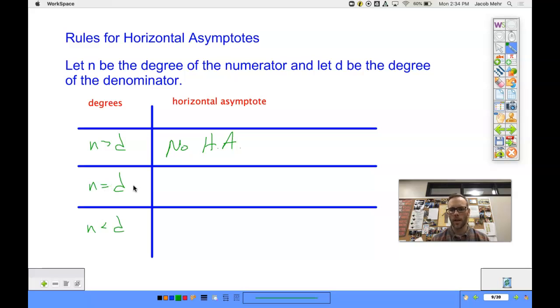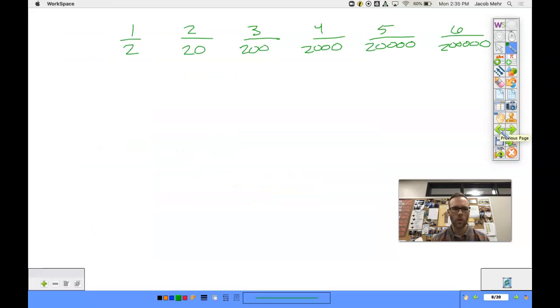If the degrees are the same, the horizontal asymptote is y equals the ratio of the leading coefficients. Look back at this one.